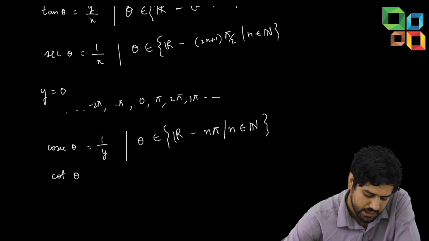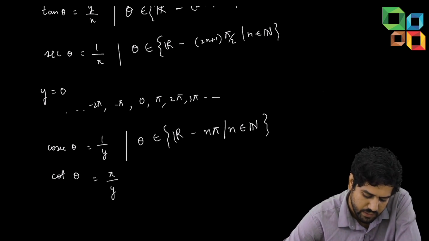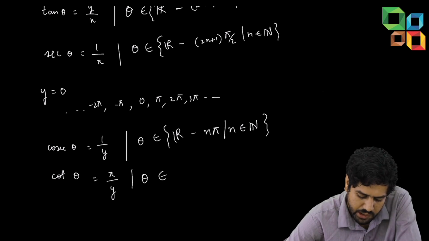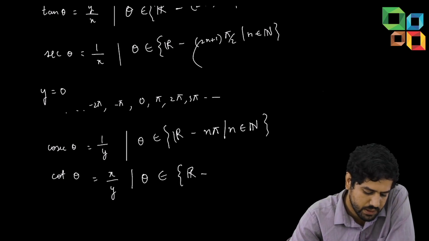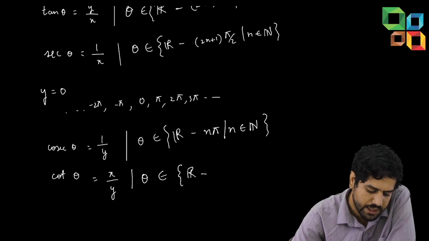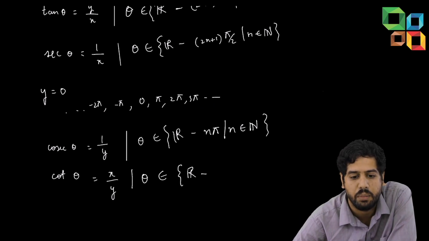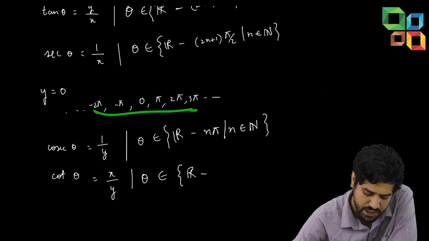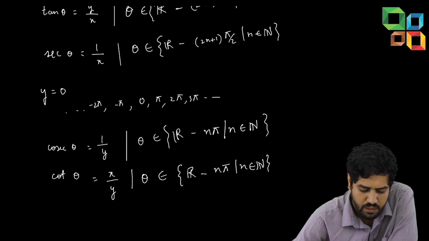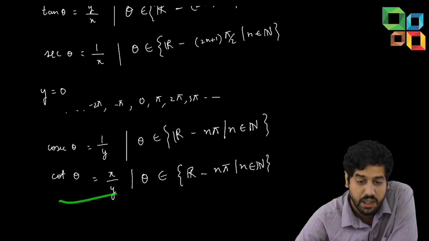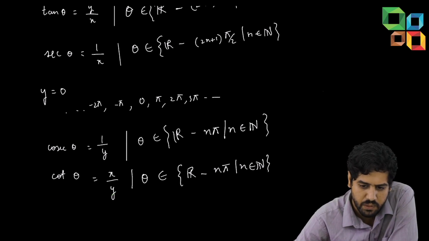And similarly, cot theta is just x by y for all theta belonging to the set of real numbers minus where y is 0, right? Where is y 0? Again, it's the same points. These points are nothing but n pi. So you'll get R minus n pi, given n belongs to the integers. So that will be the definition of cot theta. Okay.